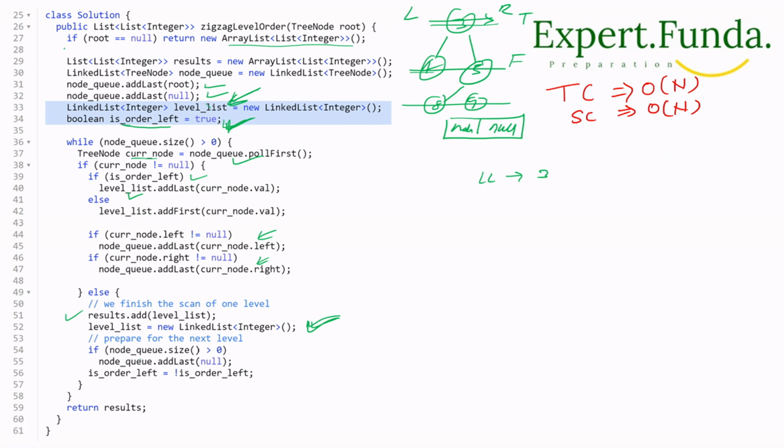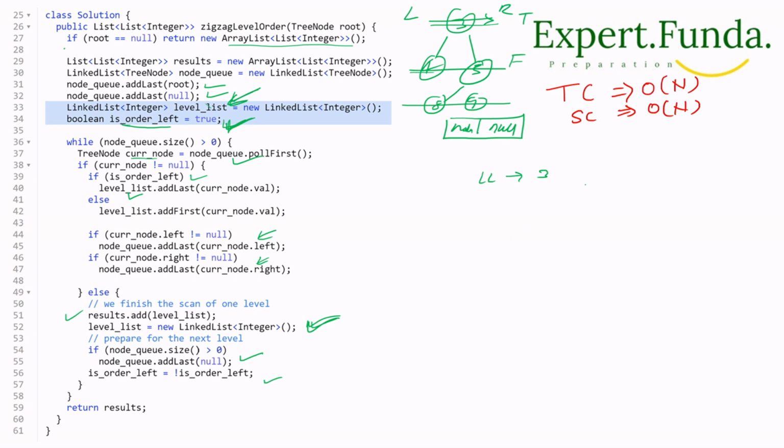Now what we will do, we will check if the node queue is not empty, then we'll add a null, right. So each level we will add a null, and then we'll check left and right, then we'll continue, and this while loop continues and will update our final result.